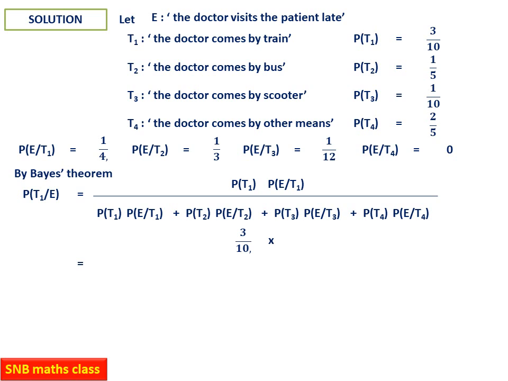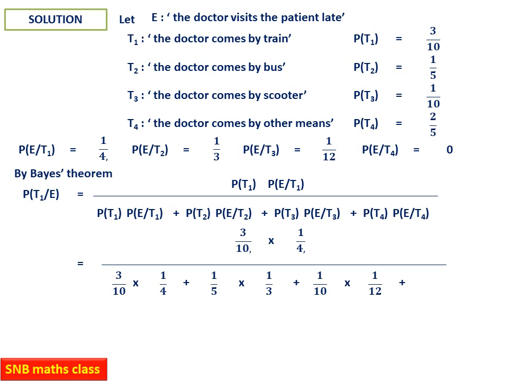Just substitute: 3 by 10 into 1 by 4, divided by 3 by 10 into 1 by 4 plus 1 by 5 into 1 by 3 plus 1 by 10 into 1 by 12 plus 2 by 5 into 0. Simplification you can do on your own. After simplification you get the answer 1 by 2. So this is the first illustrative example.